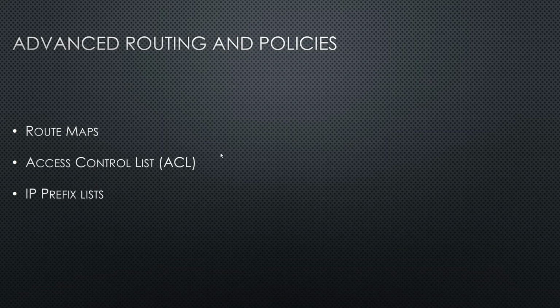The third point is IP prefix lists. The IP prefix lists are configured with the permit or deny keyword to either permit or deny the prefix based on the matching condition. A prefix list consists of an IP address and a bit mask. An implicit deny is applied to traffic that does not match any prefix list entry.